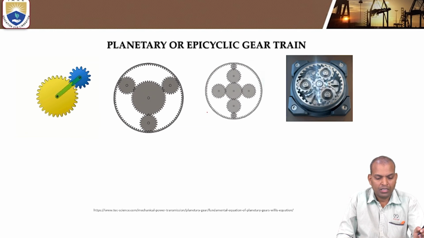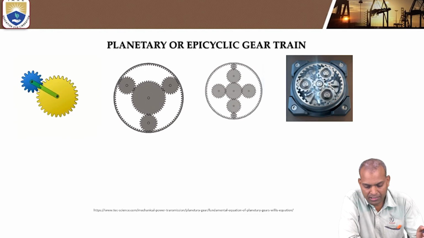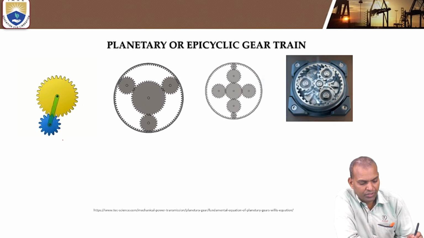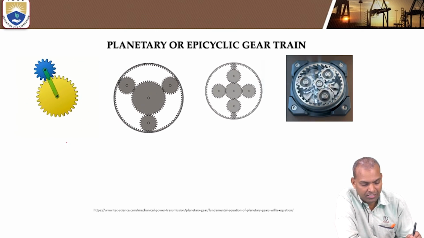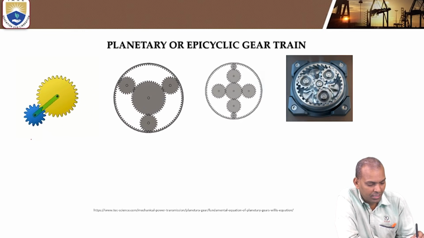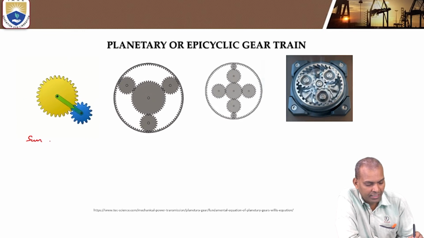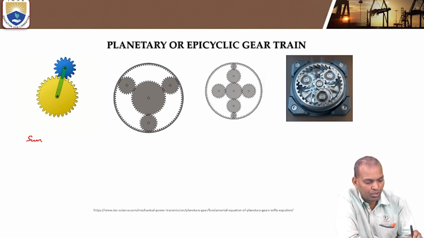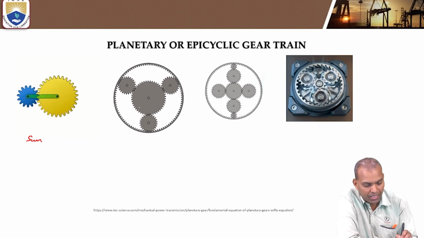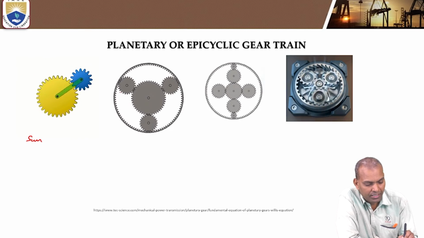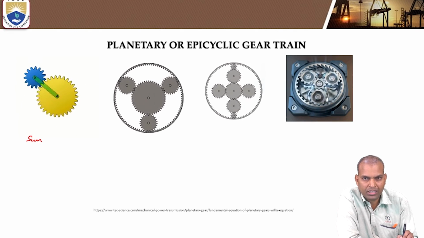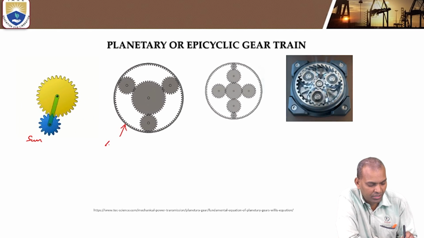Coming to the epicyclic gear train, in this we can see various types of epicyclic gear trains. Here it is a sun and planet. All are sun and planet gear trains here, but it is gear 1 and 2, only 2 gears. Here we can see it is external contact. But here the combination is that there are 4 gears. One is the annulus wheel.